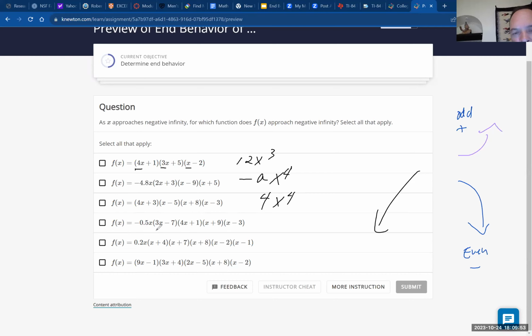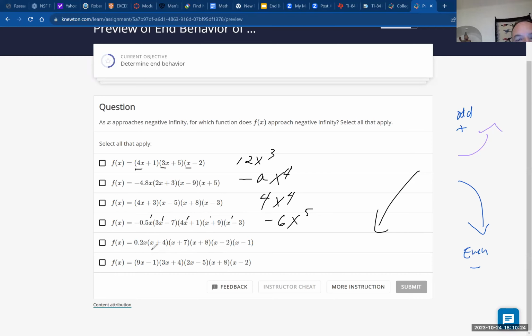So maybe it won't be that hard to compute, because I can take 3 times 4 is 12, times 1 is 12, times 1 is 12, and then half of that is 6, and it's going to be a negative times a positive, times a positive, times a positive, times a positive. So it's going to be a negative. And then the power is going to be 1, 2, 3, 4, 5. So the power is 5.